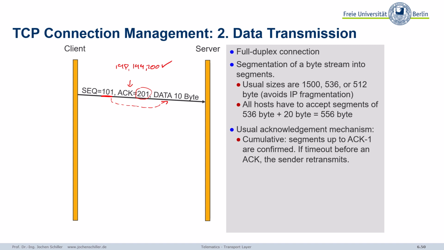I will come back to timeouts and how this works in detail, but for now, if I don't get an acknowledgement within a certain time, then I have to retransmit.